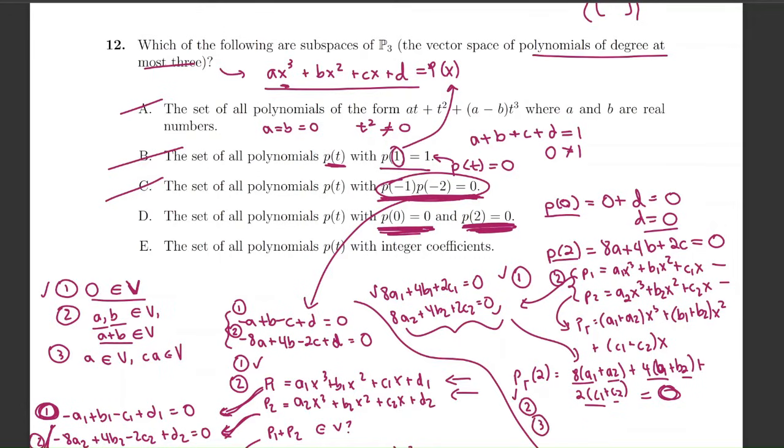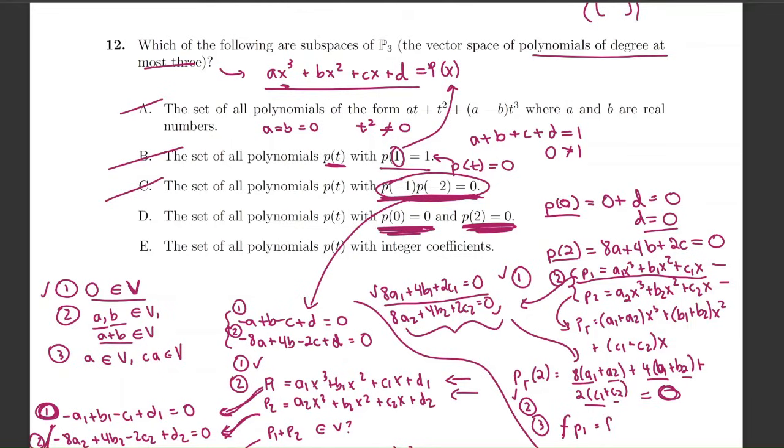The third one is closed under scalar multiplication. So this one is kind of quick. Let's just take p1 here because I don't want to rewrite everything. For p1, we know that the condition is a1 plus 4b1 plus 2c1 equals 0. It's already in the set. Then what happens if we take some scalar f times p1?